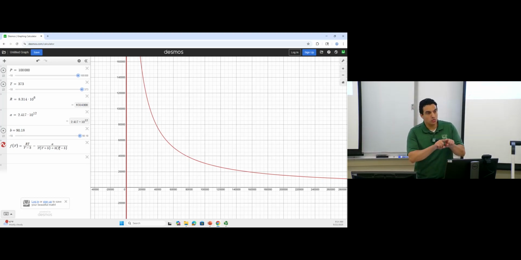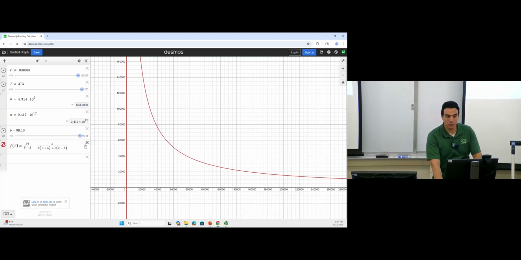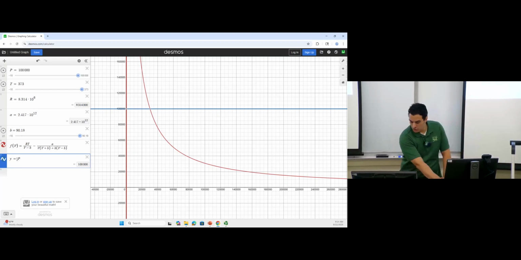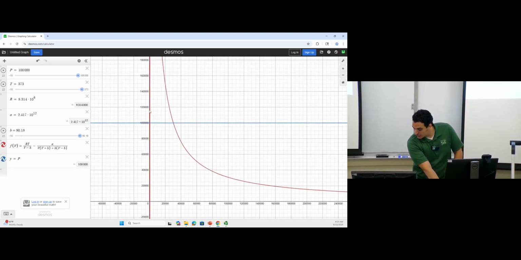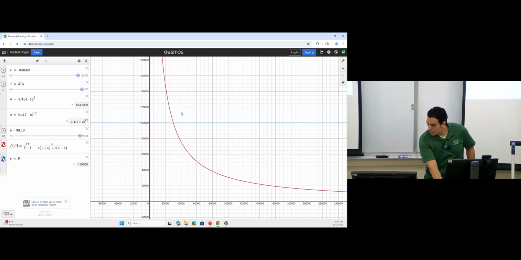But now we need to know what the molar volume is at this pressure, 100 kilopascal, right? So at the end, you can say for the y-axis, I need it to be pressure. It will show this to you. The red curve is the plot of the Peng-Robinson equation. The blue one here is the horizontal line that represents the pressure that you have.